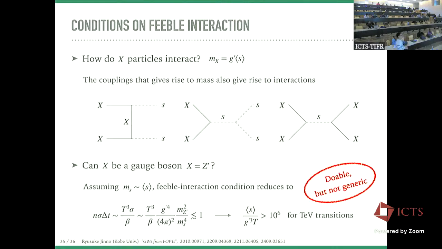So well, you can choose. If X is a scalar and S is also scalar, then the vertex has mass dimension 1. Which is okay. So X can be a fermion or X can be a boson. You can choose.